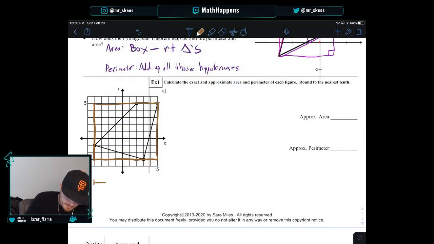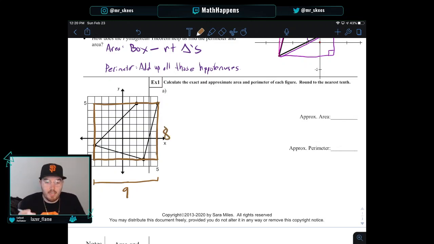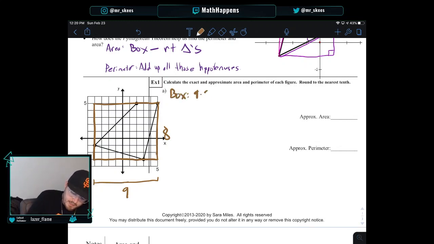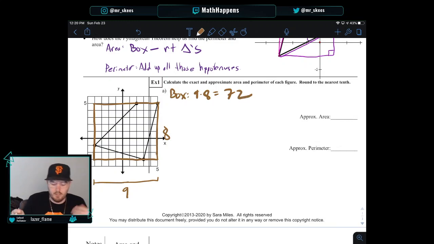It is 1, 2, 3, 4, 5, 6, 7, 8, 9 wide, and 1, 2, 3, 4, 5, 6, 7, 8 tall. So the area of the box is 9 by 8, which is 72.